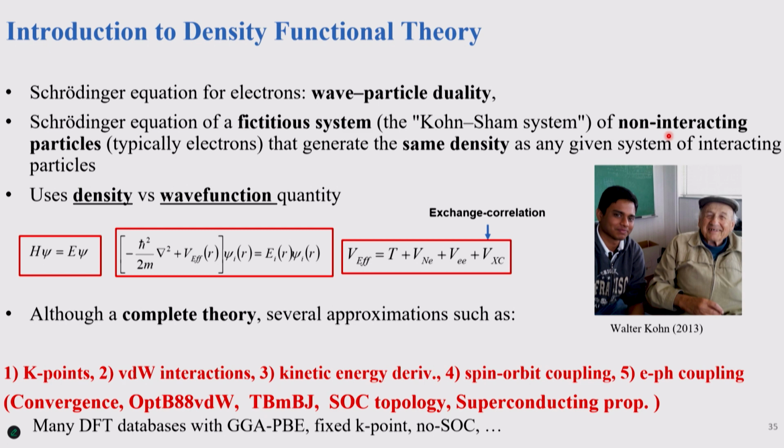It converts H psi equals E psi into this format, where we have the effective potential, and here we have the eigenenergy for each i, where i is the particle. You can break down the effective part into four components: kinetic energy, nucleus-electron interaction, electron-electron interaction, and something which doesn't work, called exchange correlation.